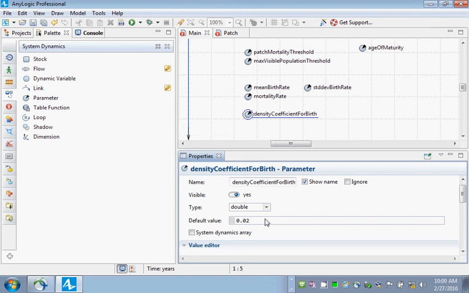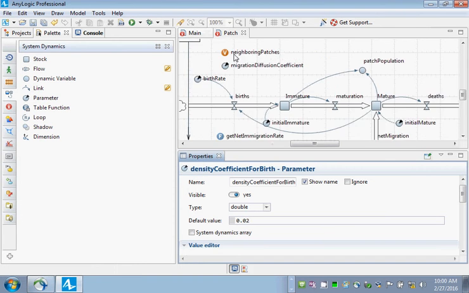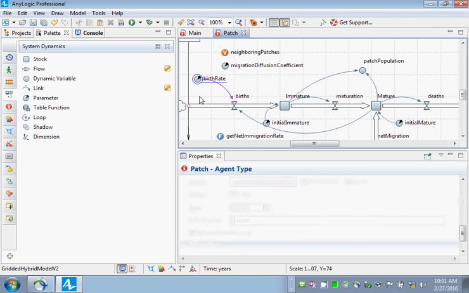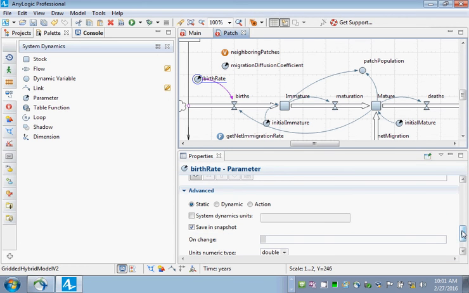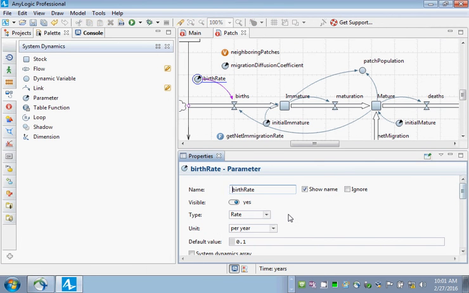We started to type this, and to spare ourselves from errors, it'd be nice to follow these directions here. We press Control Enter to perform refactoring. It's complaining that you can't replace it, so we're going to have to do it manually. Sometimes that happens if there are existing formulas in place for it. So I'm going to say low density birth rate, and then we're going to build and see what we have to change.